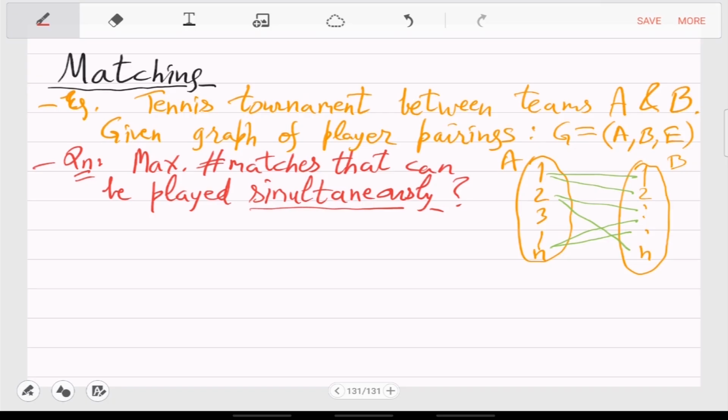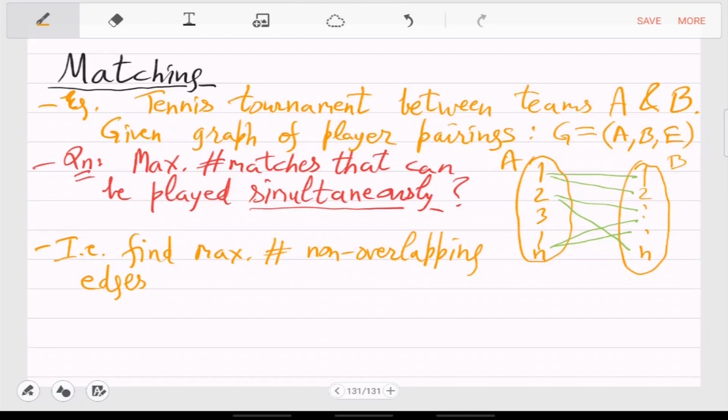You want non-overlapping edges, maximum possible. That will be the schedule for day 1. So that is, find the maximum number of non-overlapping edges in E.